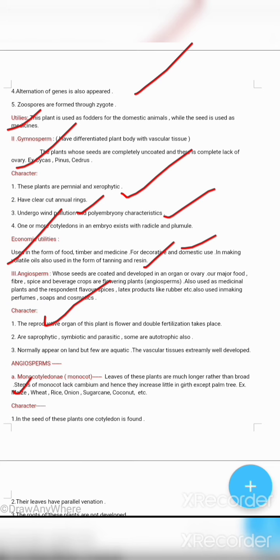For example, maize, wheat, rice, onion, sugarcane, coconut, etc. Now, characters of monocots. In the seed of this plant, one cotyledon is found. Number 2. The leaves have parallel venation. The roots of these plants are also not well developed.